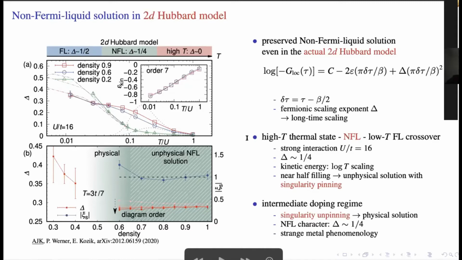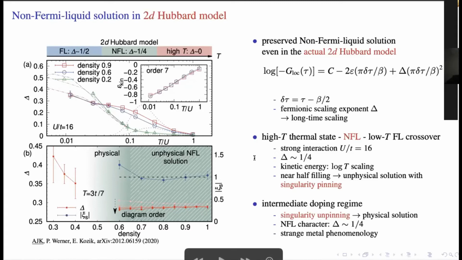And as you can see, as we decrease the temperature, there is a two-step crossover from the high-temperature thermal state with delta equals 0 to the intermediate-temperature non-Fermi liquid with delta equals 1/4, and from the non-Fermi liquid to the low-temperature Fermi liquid.